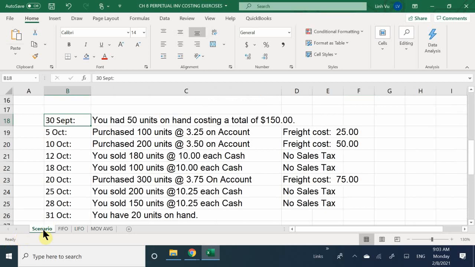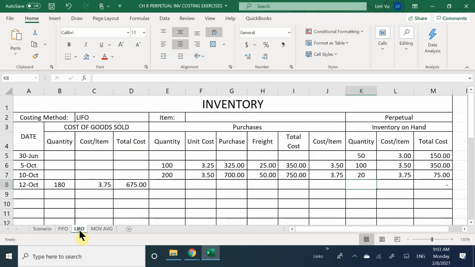So then, what has happened next? You sold another 100 items on October 18. So in this case, how are we going to cost out to get a total of our 100 items?